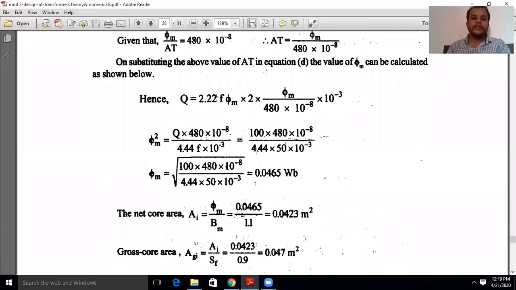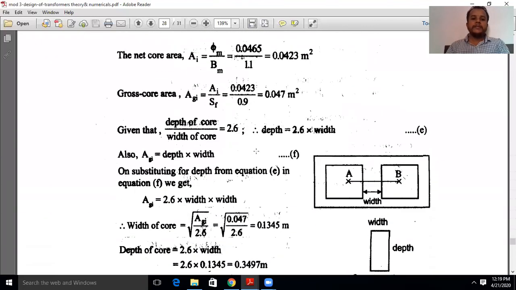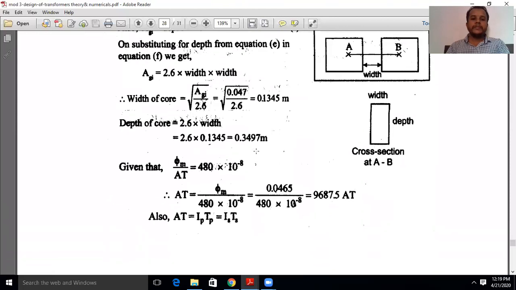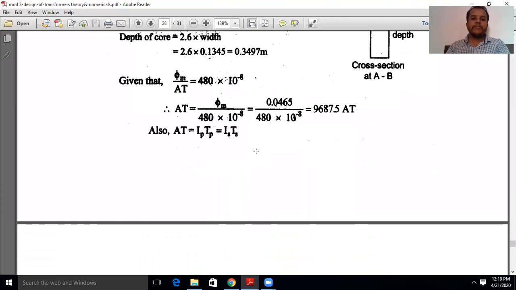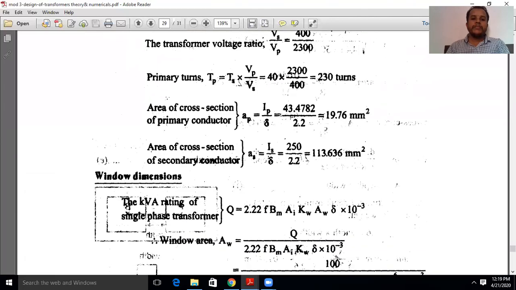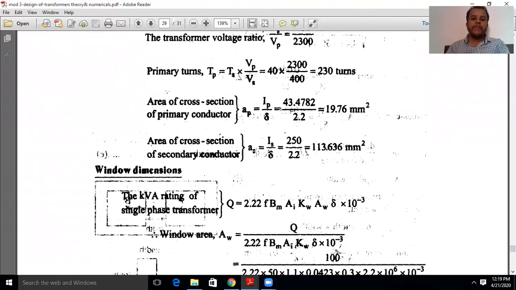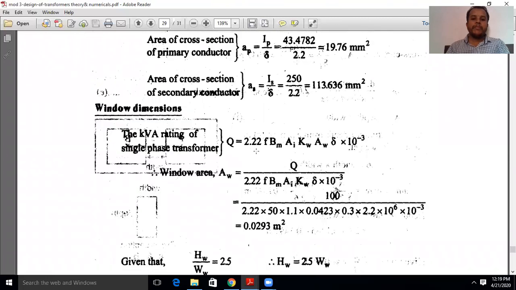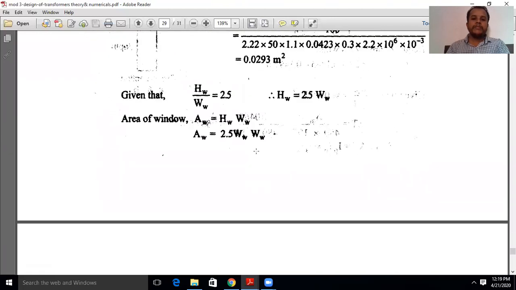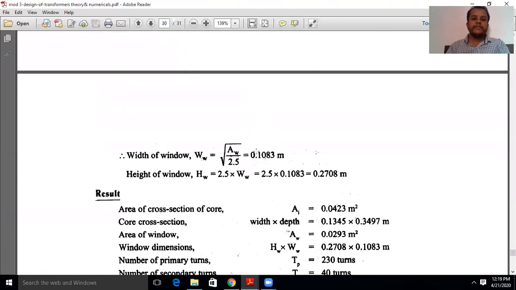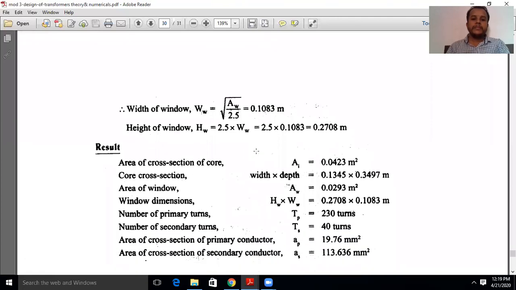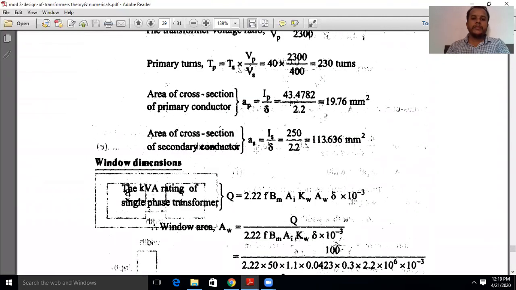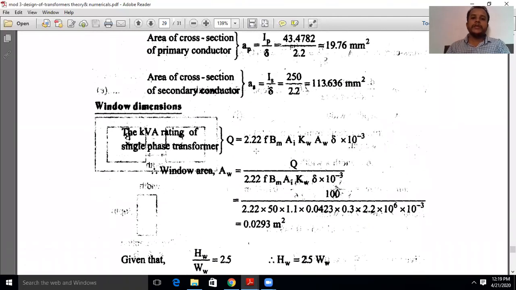This is what we can calculate. This is window dimensions.